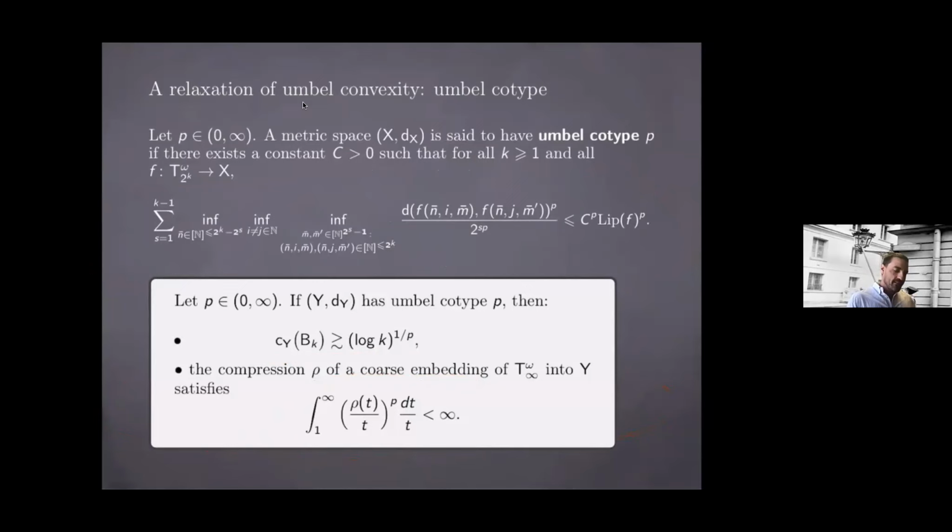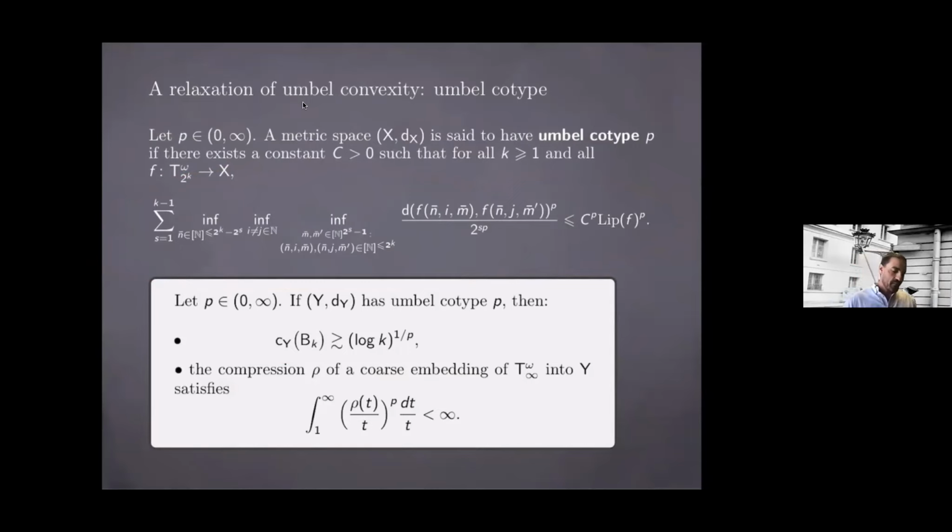Now, why is it interesting to have this much weaker notion? Because it's going to be easier. If you give me a metric space, it's going to be easier for me to verify that the space has this property and not Umbel convexity. Okay, it's a much weaker requirement.